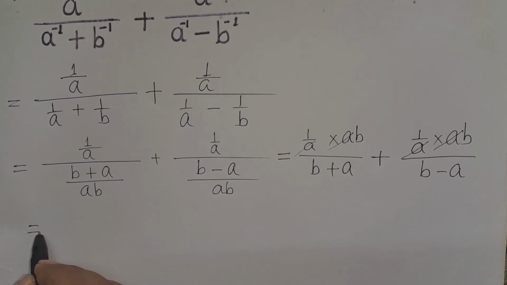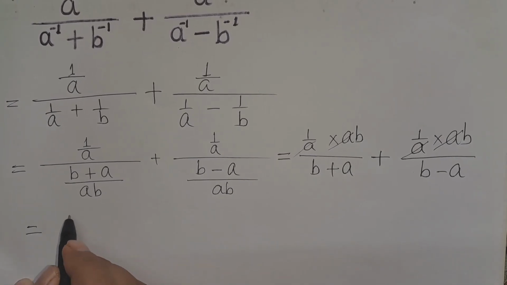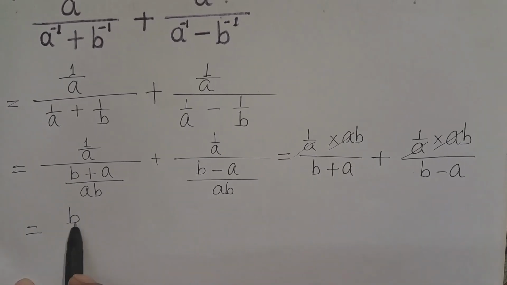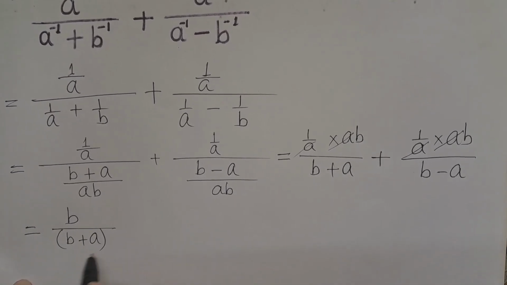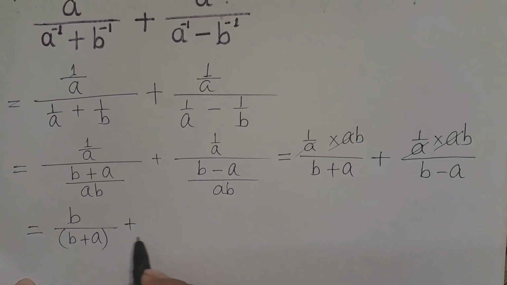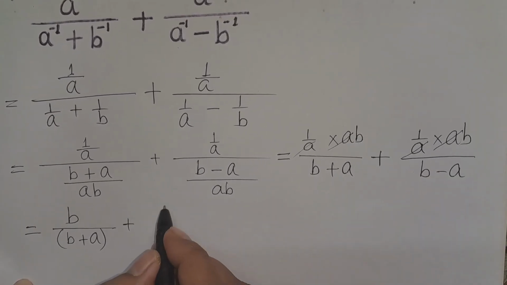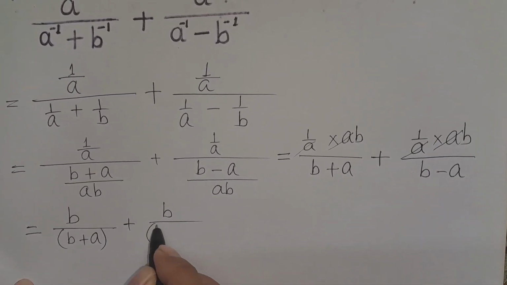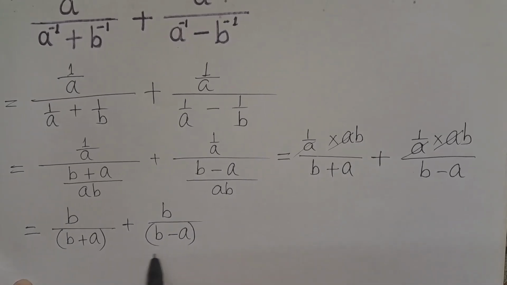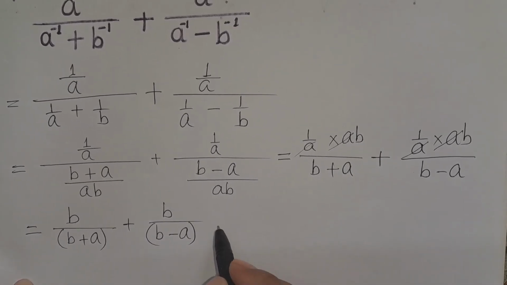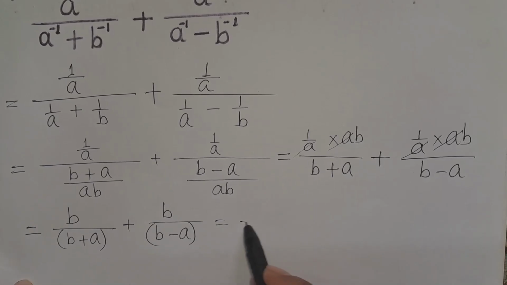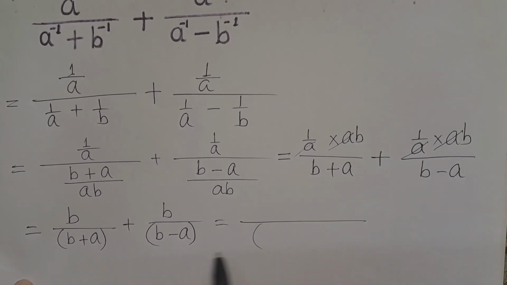Now the denominators are b plus a and b minus a, so we will take the LCM for adding these. After cancellation we will get b by (b plus a) plus b by (b minus a). Now we will have to take the LCM.